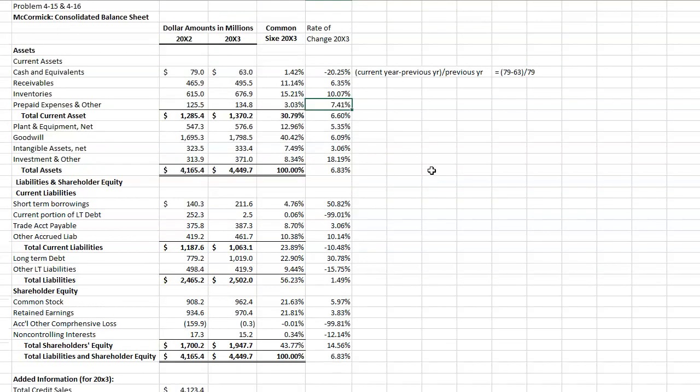Now, a couple questions that they asked us. Which two asset accounts and which two liability and shareholders' equity accounts are the largest relative to total assets in 20x3? Okay, so in 20x3, the largest two assets relative to total assets are your inventories and goodwill.